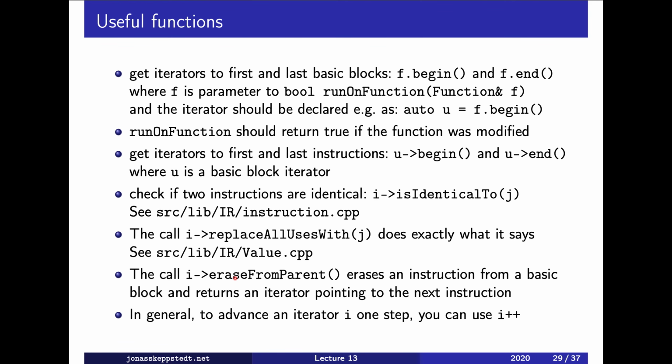And to remove an instruction from a basic block, we use this one. Okay, and this one returns the next instruction after the removed one. If we want to move to the next instruction without removing, we can just use I++.